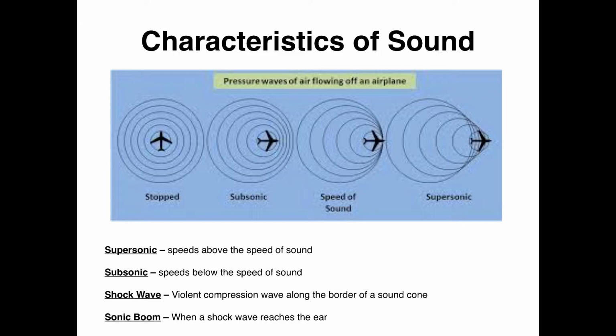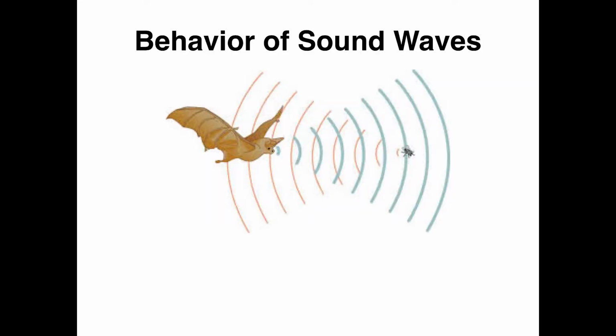Now, bats do something called echolocation. They use sonic waves to locate things. And this sonic wave is sent out from the bat, shown in gray, strikes the bug, and then comes back, shown in another color that I don't know what it is because I'm colorblind, and he can locate that bug.